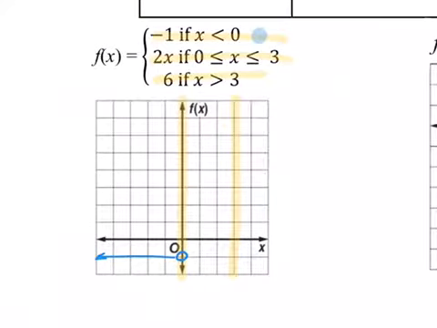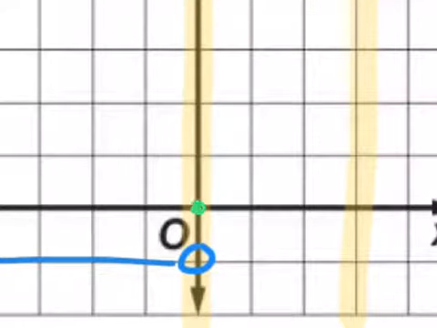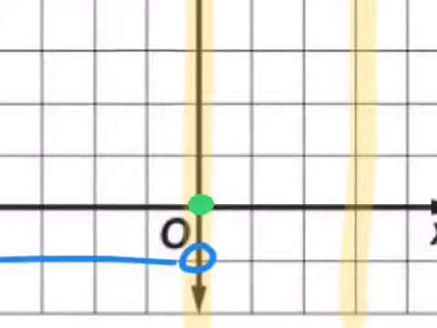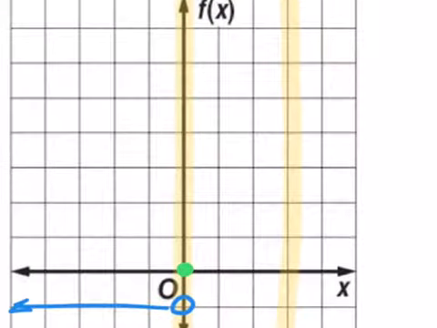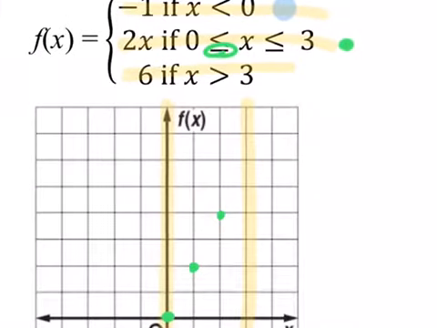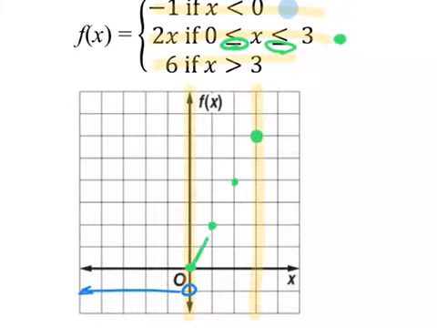But then when I get to 0 here, I'm going to switch to green. I start now graphing y is equal to 2x, which should have a y-intercept at 0, filled circle because of the line under the inequality, and a slope of up 2 to the right 1. Right? And when it gets to 3, also has a line under the inequality, so it'll be a filled circle.